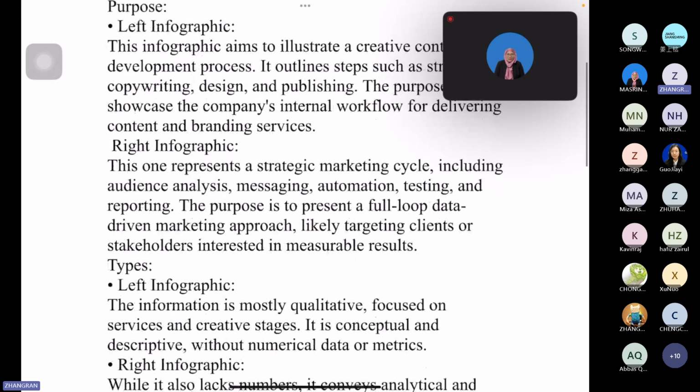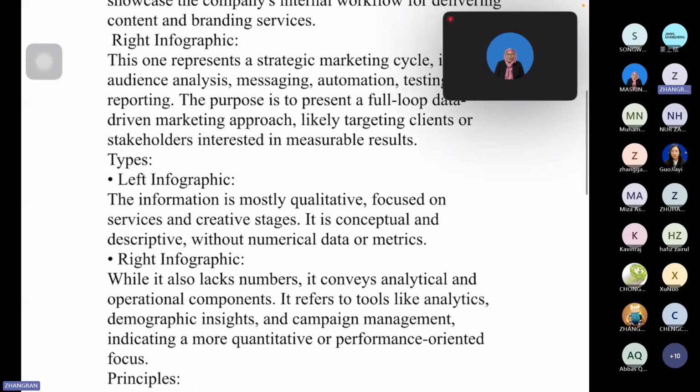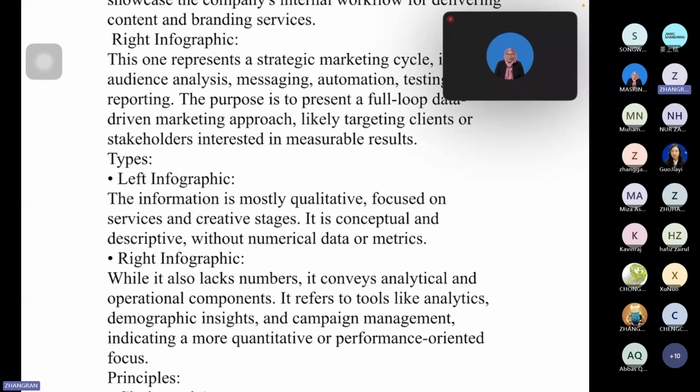And the right picture shows a strategic marketing cycle including agents, analyze, messaging, automation, testing, and reporting. The purpose is to present a data-driven marketing approach, likely targeting stakeholders interested in measurable results.